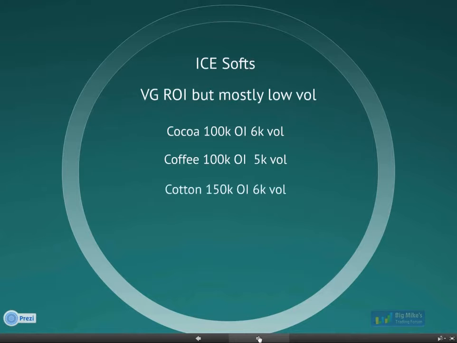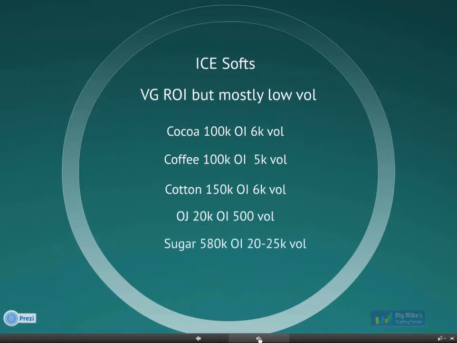Cotton, 150,000 open interest on the cotton options, 6,000 volume. Orange juice, 20,000 open interest, maybe 500 volume. That one I would stay away from. There's just not much there, and that market is extremely volatile. Worried about frost in Florida, worried about hurricanes in Florida, enough rain.